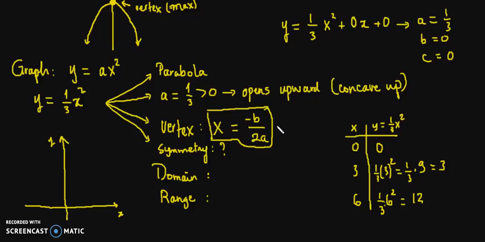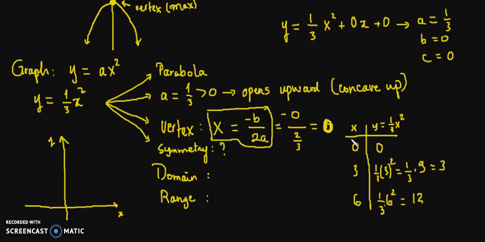Right? So the vertex here would be equal to -b, which is 0, divided by 2a, which is 2 divided by 3. Right? And we know that 0 divided by any number is equal to 0, so we already have this equal to 0.